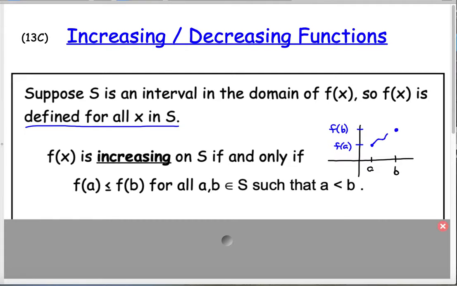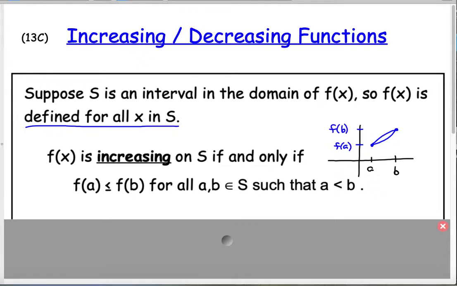So no matter what's going on here, that would dip down a little bit. But it could be going like that, it could be going straight for a little bit and then up. But our function's increasing if the output at b is going to be greater than or equal to the output of a for any a and b in that interval where a is less than b.